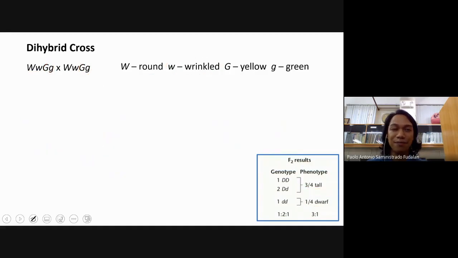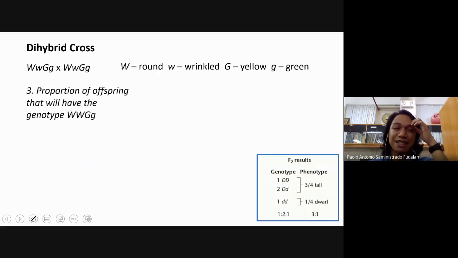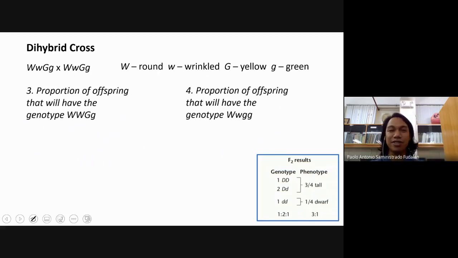So let's move on. Okay. So same dihybrid cross, but these are now the questions. So please answer numbers 3 and 4.